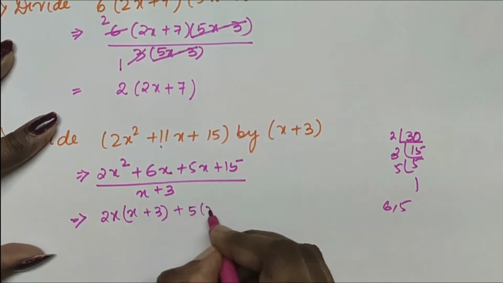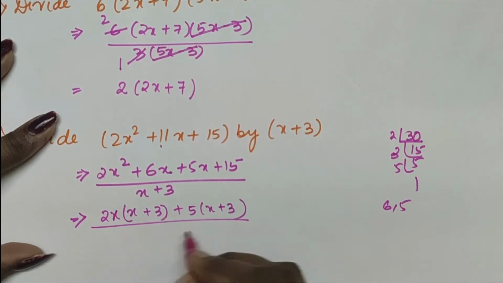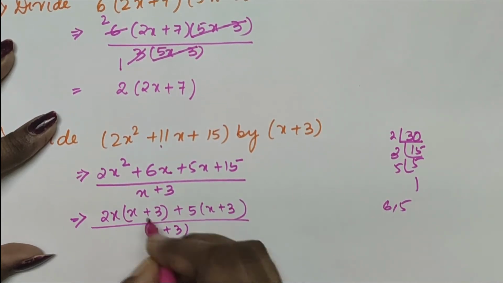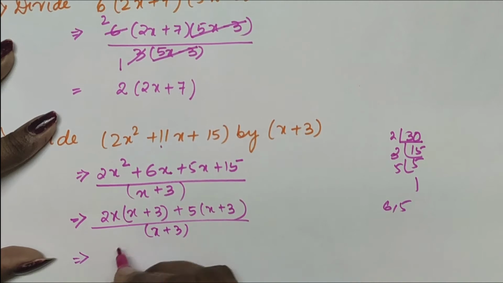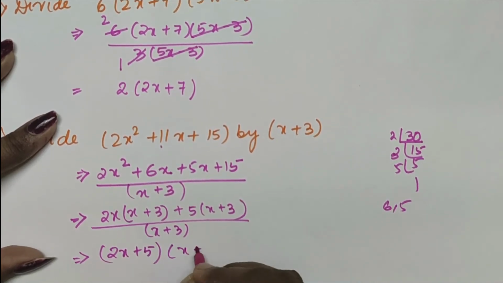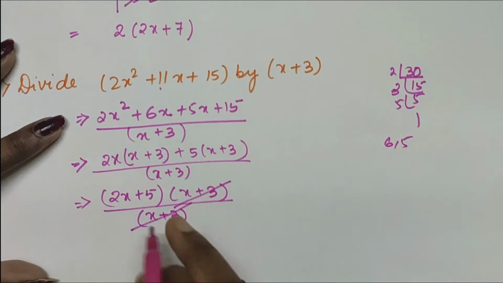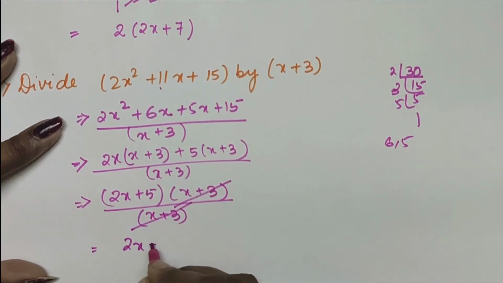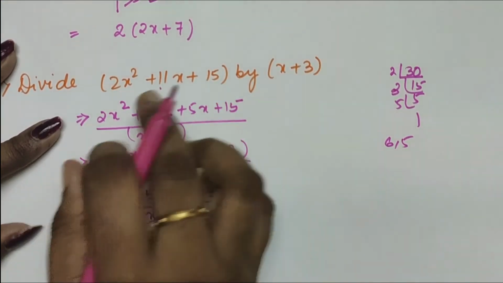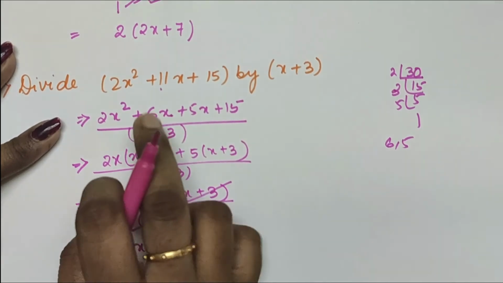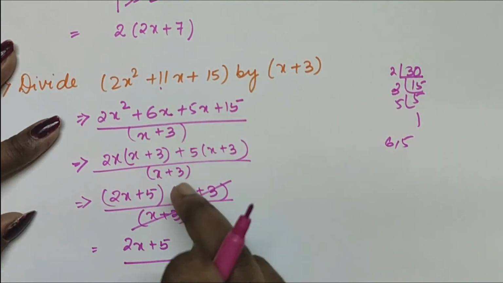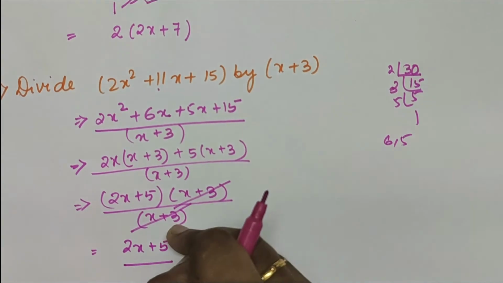Here 5 is common, so 5 into x plus 3, divided by x plus 3. So we can write it as 2x plus 5 into x plus 3, divided by x plus 3. Now again this is a common term, we can cancel, and the final answer will be 2x plus 5. So using the method of splitting the middle term, we have done factorization and then divided. It makes our work easier.